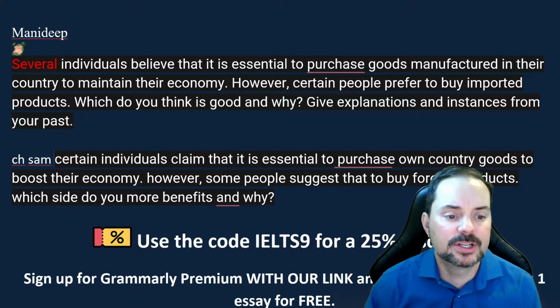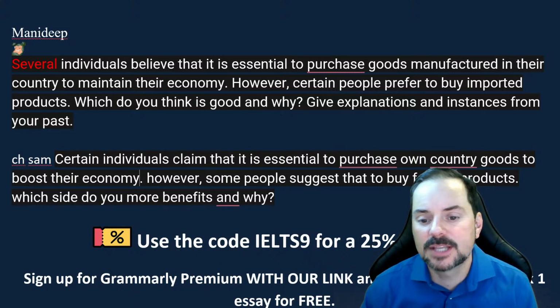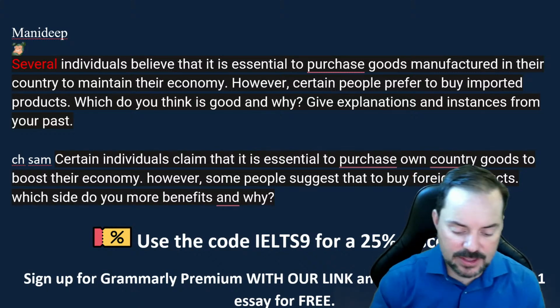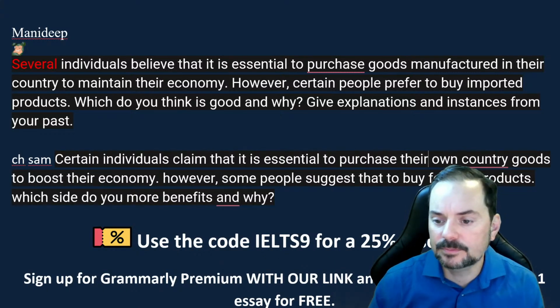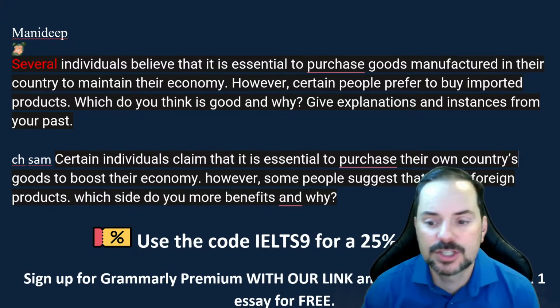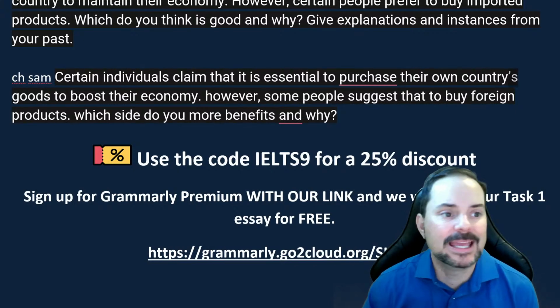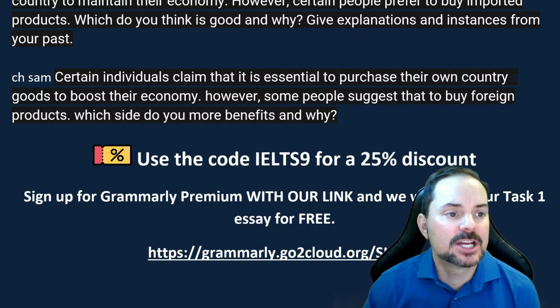Chasam says, "certain individuals," sure, "certain individuals claim that it is essential to purchase their own country's goods." Chasam, show possession with the apostrophe s. Okay? When you need to show possession, show possession.